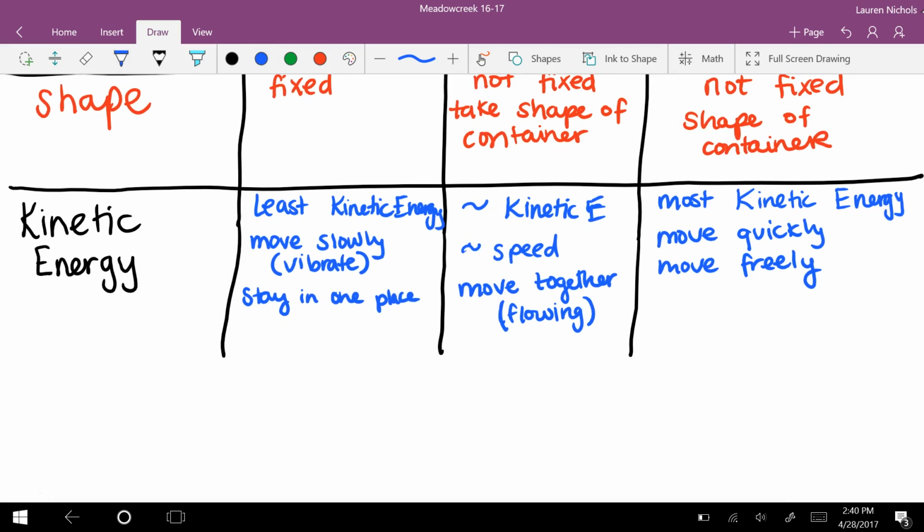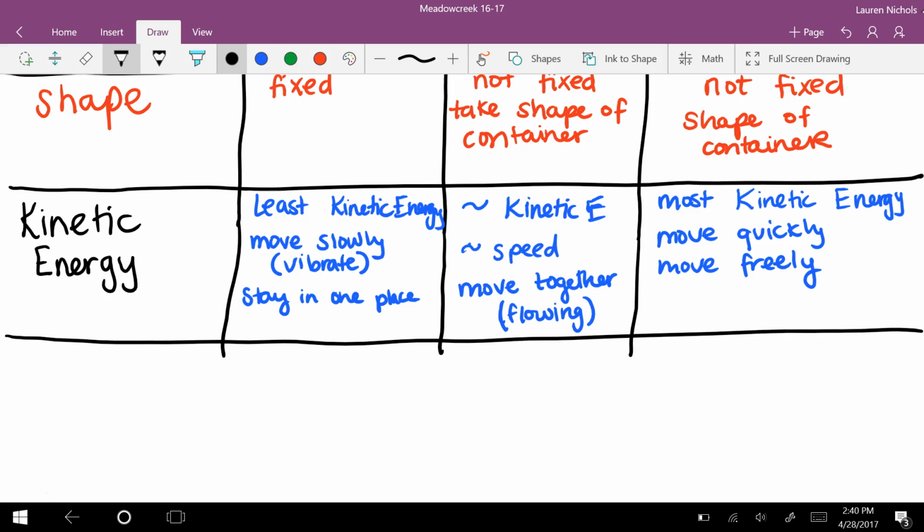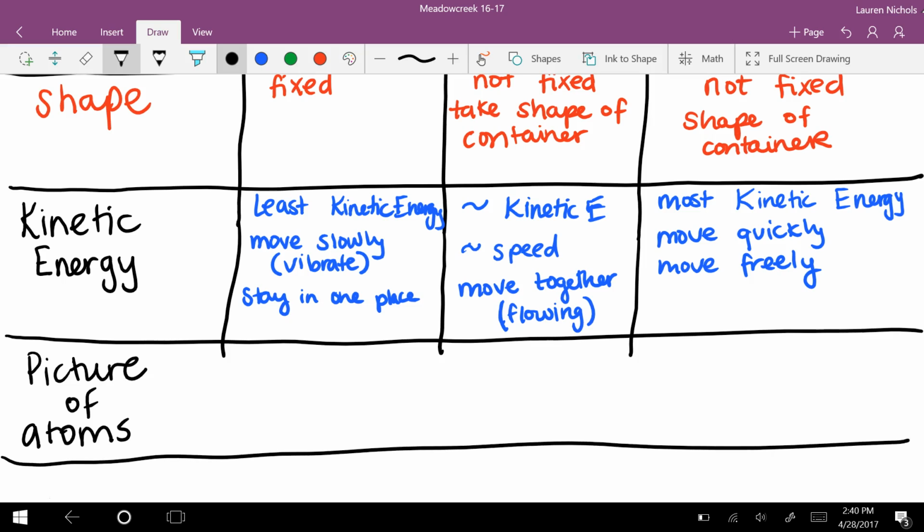Now, the last thing that we want to talk about is we just want to get a general picture of what the atoms look like. Remember, matter is made up of small things called atoms. So let's get a general picture of what these look like. Atoms for a solid are going to be really close together.